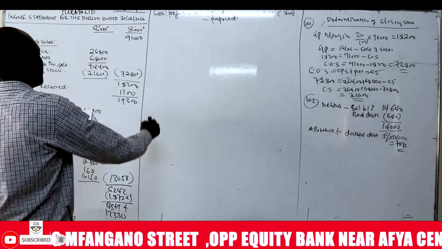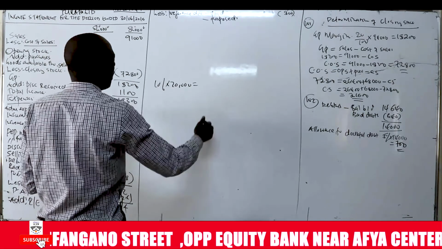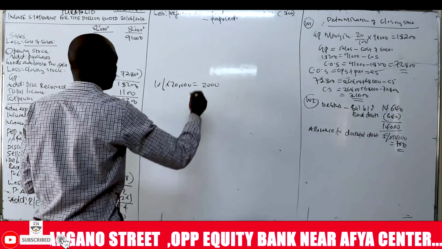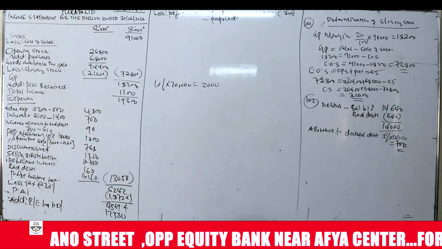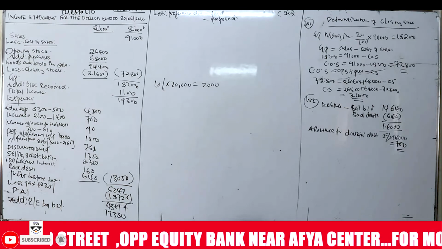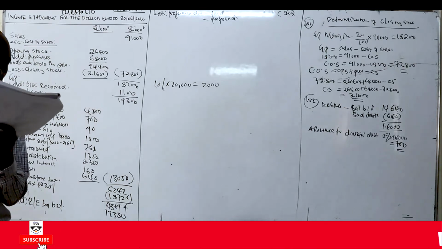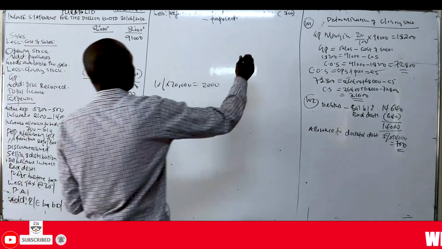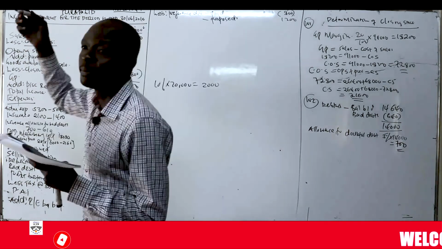So 10% of 20,000 is how much? 2,000. They have only paid 800. So they're proposed to be how much? 1,200 to make 2,000. They have only paid a portion of it.